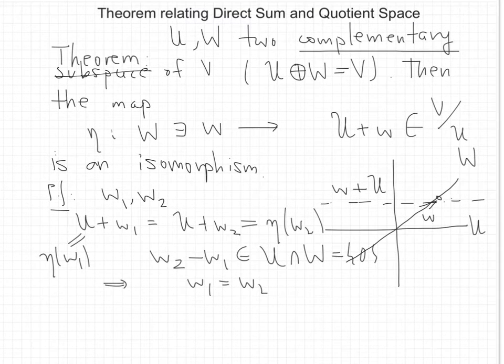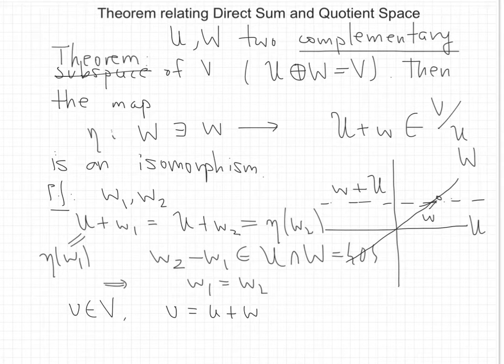The next thing is to think about why this map is in fact onto, which is also quite easy. If you take any vector v in V, then because we know U and W are complementary subspaces, I can write that vector v in the form u plus w, where u is in U and w is in W. So what does that mean?